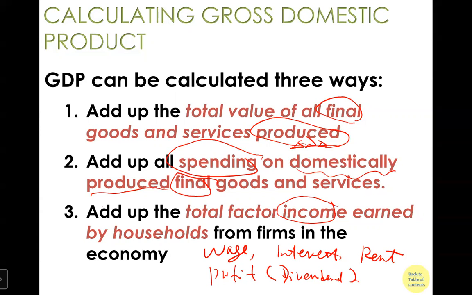Those things should exhaust all your income. Eventually income will go to households, because they are who own the economy collectively. So there are three approaches, and from the discussion you should realize they must equal each other. Three different approaches.